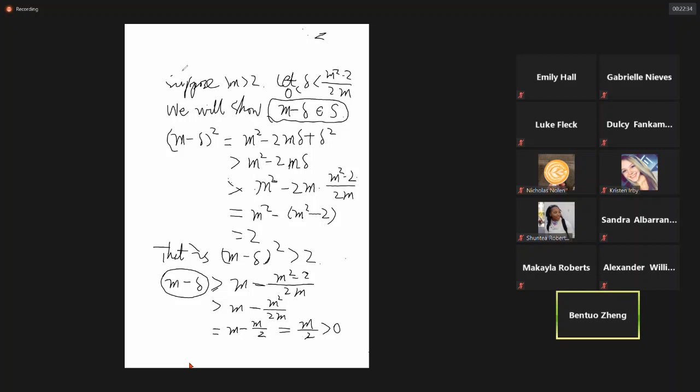But this contradicts that m is a lower bound for S, since m minus delta is obviously less than m. Okay, this is a contradiction.